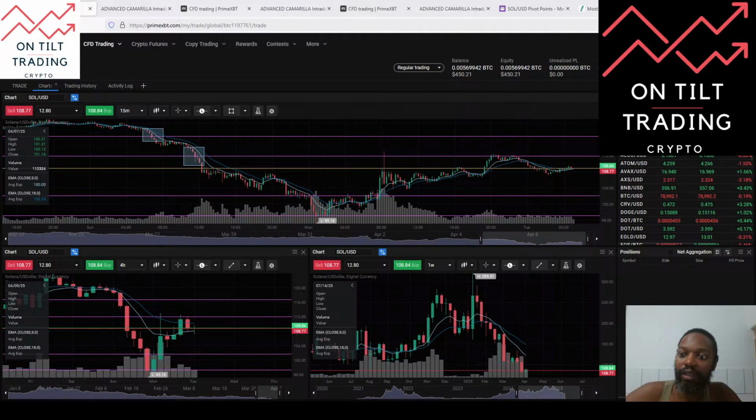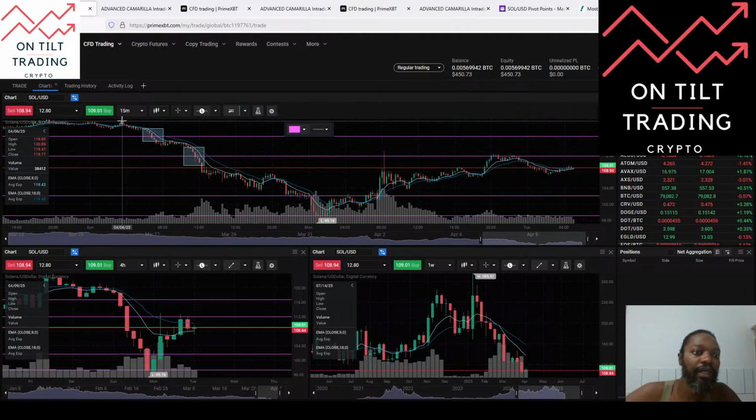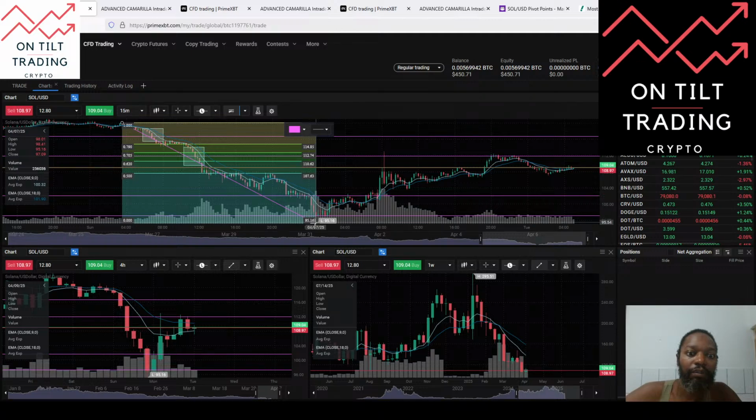And if we put a Fibonacci on this, we'll likely see that this area is within the premium area of this range that Solana has put in. We can see here this is the equilibrium, this 0.5, and we can see these two areas located in the premium. So this is where selling would be ideal to take place.